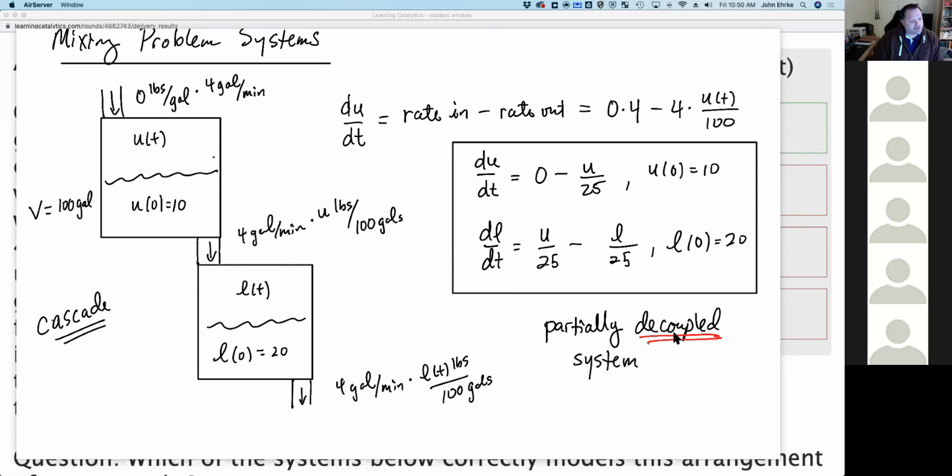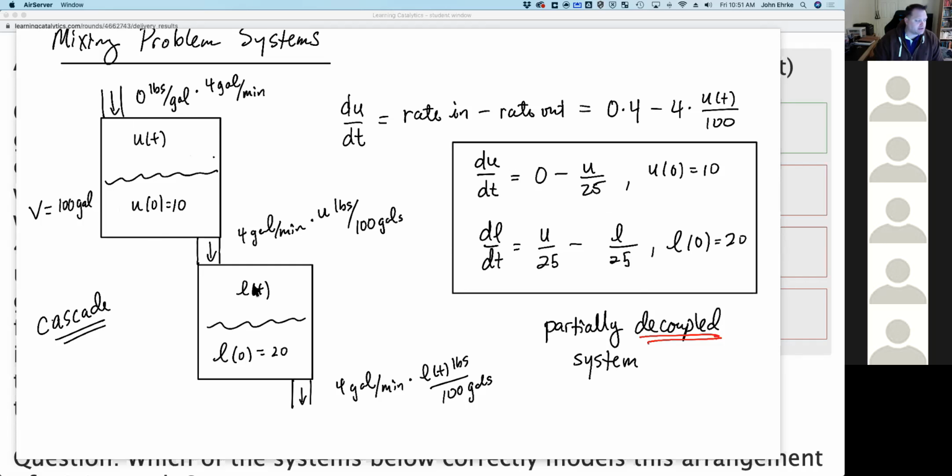So partially decoupled means that you can look at the variable L, its change depends on U and L. So L is coupled to both of the components in the system, but U is decoupled from L. Notice that the change in U doesn't depend on L. Physically, this is saying that what happens in the upper tank has nothing to do with what happens in the lower tank.